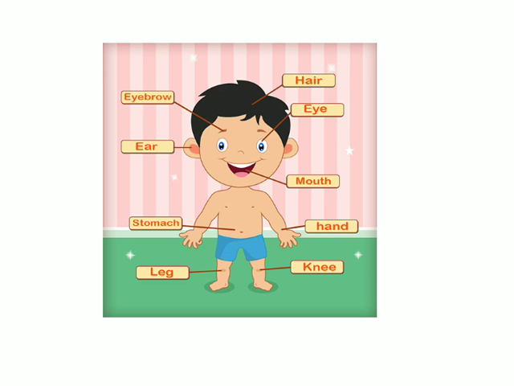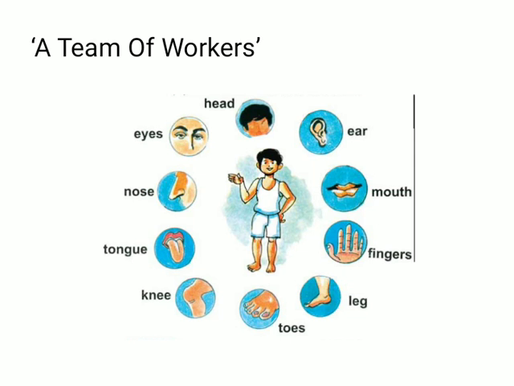Our topic today is A Team of Workers. In this lesson we are going to discuss our body parts one by one in short, and also their functions. So here we start with the first one, that is mouth.